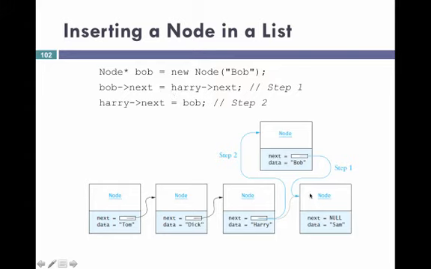Harry currently points to Sam, and we're going to copy that pointer and assign it to Bob next. So step one is that bob.next will refer to Sam. Our second step is to take Harry arrow next and set it equal to Bob. So in step two, now this node points to Bob. And now we've successfully inserted Bob into our list.